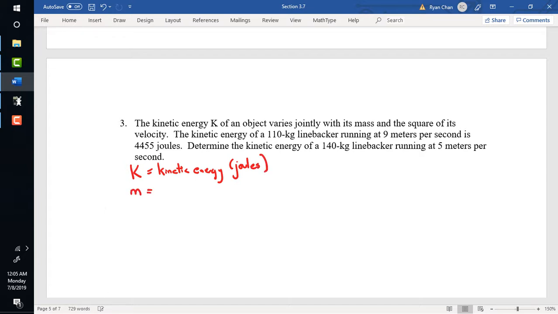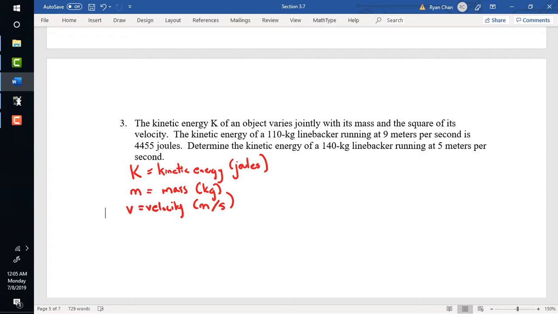M is mass. And that is in kilograms. And then V is velocity. And that is going to be meters per second. If I do this little backslash, that means per. Okay. So notice I'm going to do the following. Varies jointly.